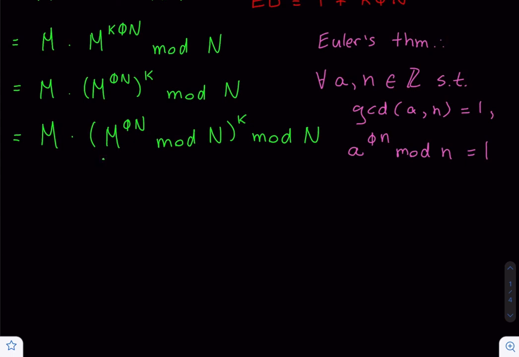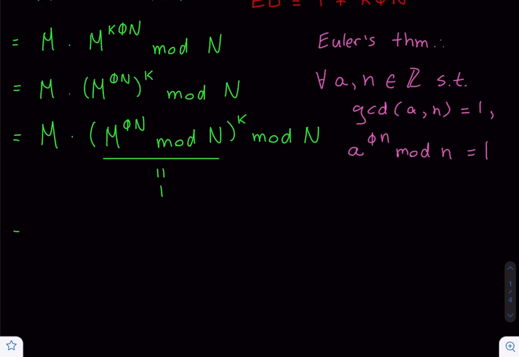In m to the phi n mod n, we know that the GCD of m and n is equal to 1 because this is stipulated when choosing a secret integer message m. Thus, we can conclude that m to the phi n mod n is equal to 1 by Euler's theorem.